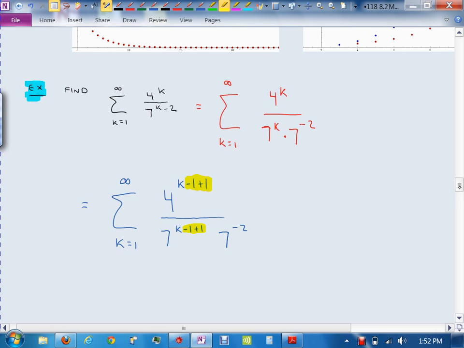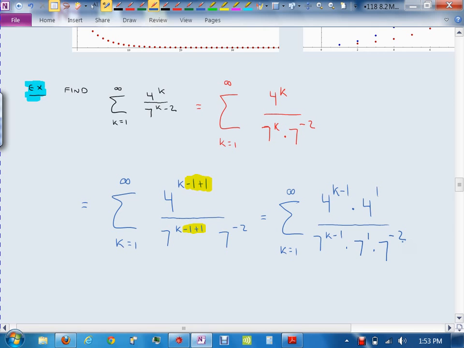Now my next line here is summation k equals 1 to infinity of 4 to the k minus 1 times 4 to the 1 over 7 to the k minus 1 times 7 to the 1 times 7 to the negative 2. So what am I doing here?